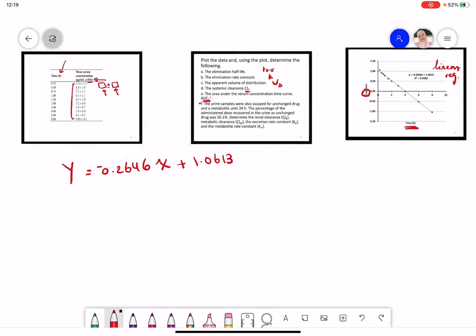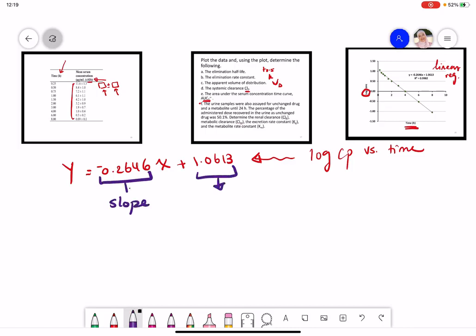So use this equation for your practice. If it was in linear terms, what would be the difference? But this is in log terms, so it's actually serum plasma concentration versus time. So it's a linear regression of log Cp versus time. This is your slope and this is your y-intercept.